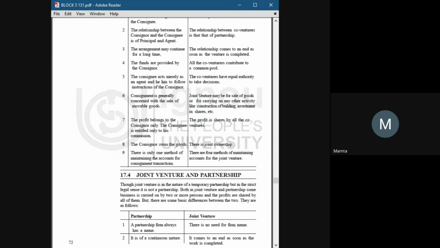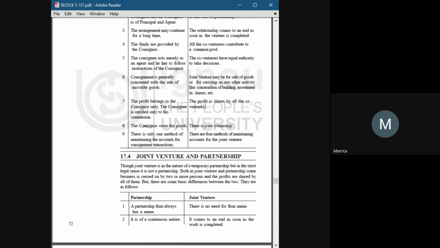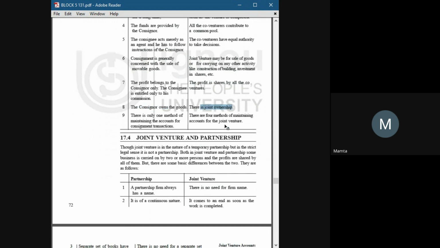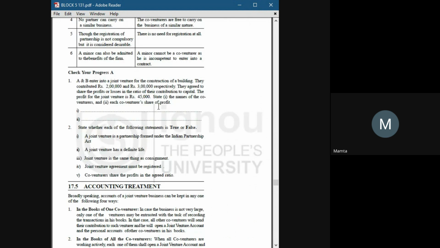But in a joint venture, profit belongs to all co-venturers as per their share. In consignment, the consigner owns the goods. In a joint venture, there is joint ownership of all resources. That's the difference between consignment and joint venture.